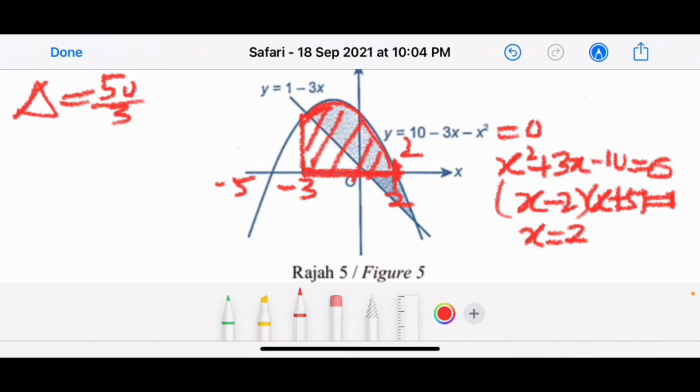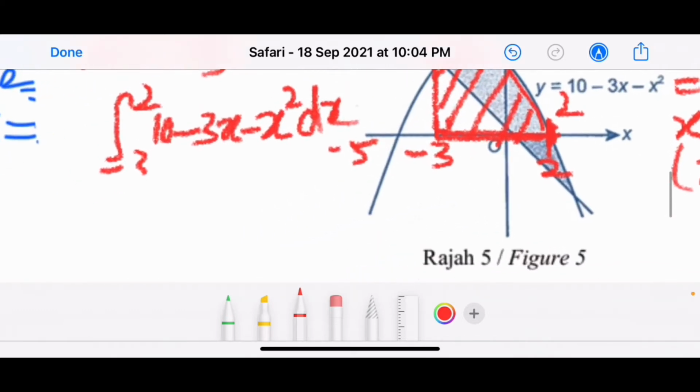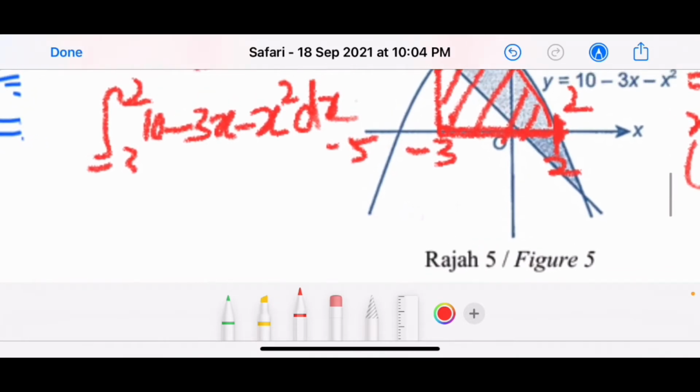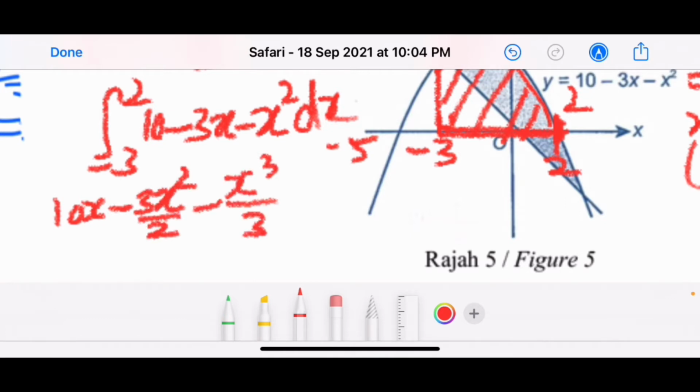So now let's integrate from negative 3 to 2 for the curve, 10 minus 3x minus x squared dx. We get 10x minus 3x squared over 2 minus x cubed over 3, and then we substitute negative 3 to 2.